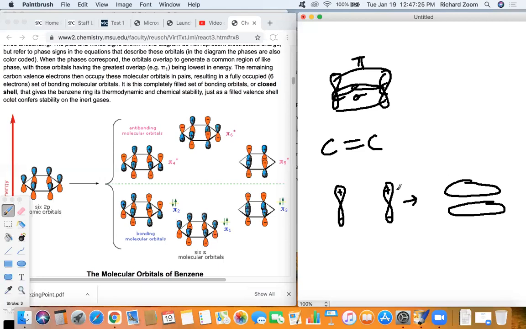So this would be the two p orbitals from the carbon atoms before they join, and then this will be the pi bond that we get from that, and that's a bonding orbital there, a bonding molecular orbital. That's what the MO stands for, molecular orbital.